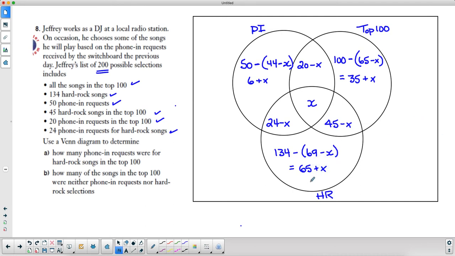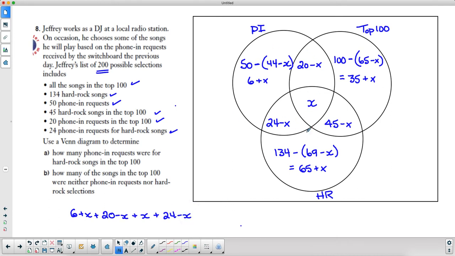Now we know that between these three choices, he has 200 songs. So that's going to be a big long equation down here because I'm going to have to add up all of these small pieces, and that's going to give me 200. So that's going to be 6 plus x plus 20 minus x plus x plus 24 minus x.